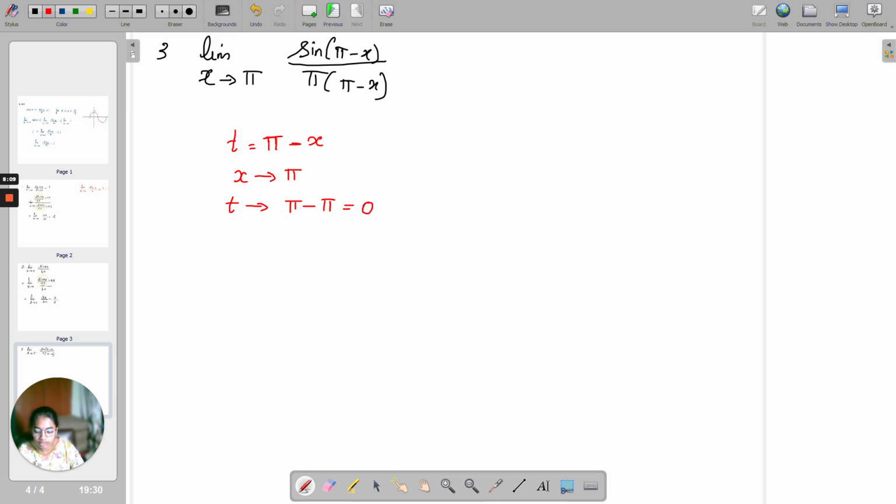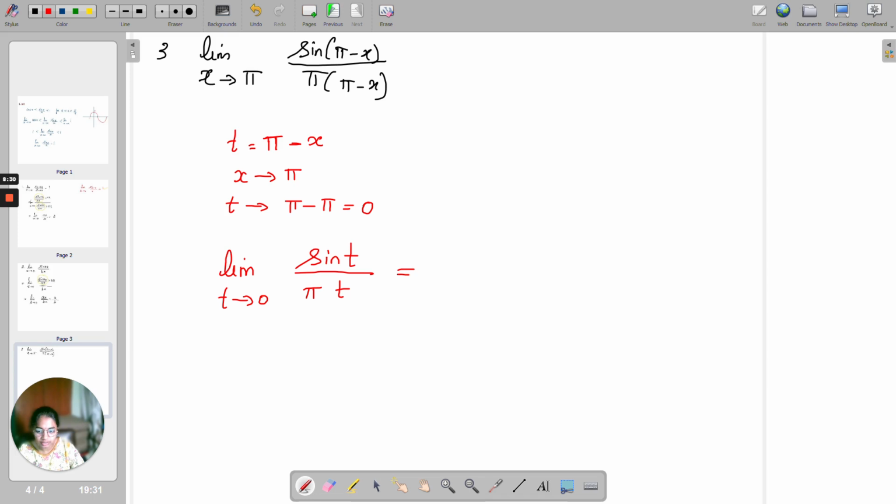So now let me write limit t tending to 0. In the place of pi minus x, I would write t, divided by pi, which would remain the same, into pi minus x, which is t.